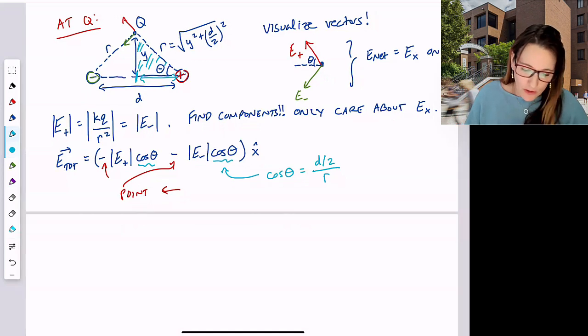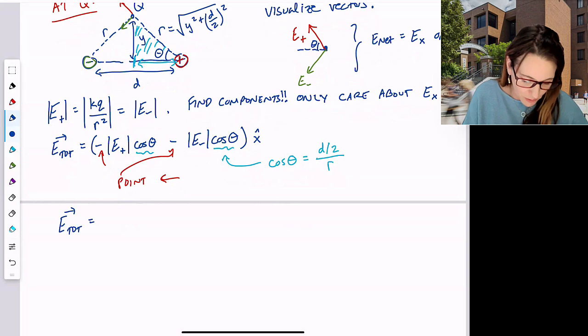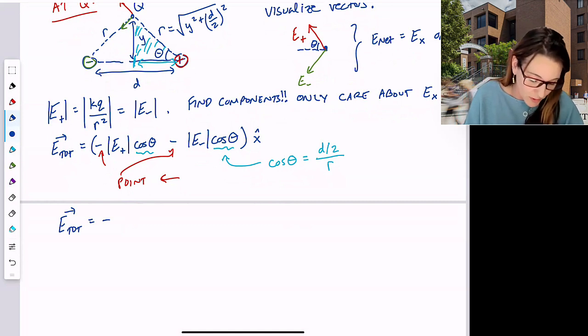Okay, so putting this all together, then I can say here that E total is going to be equal to negative KQ, and these are going to be the same. So what I can actually do is just double this. I'm going to keep this simple.